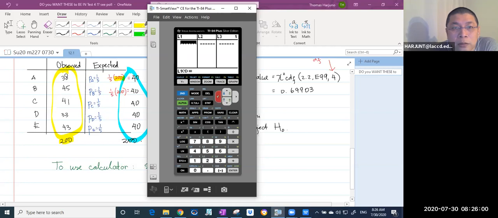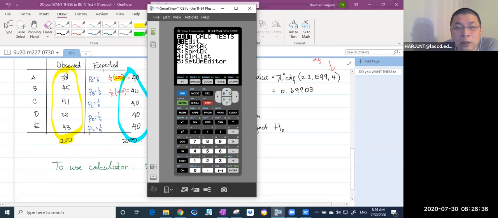Okay. Now I will put the observed in list 1. Do not reverse that though. I mean, if you reverse that, it's okay, as long as you also reverse that in your test later on. And then I get 40, 40, 40, 40, 40. Go to stat, test, GOF test, list.